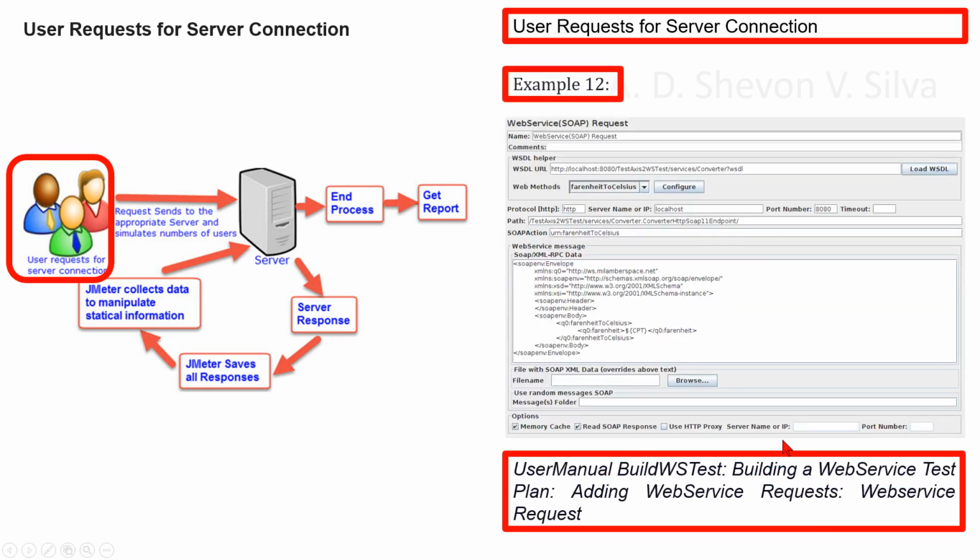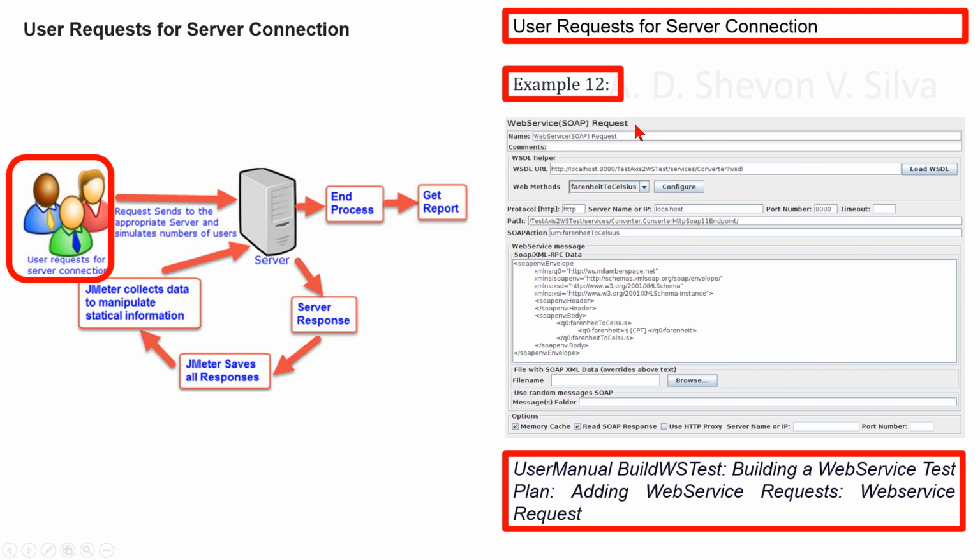Now we are considering adding a web service request in building a web service test plan in the user manual, building WS test. Here is the web service request. In our test plan we will use the .NET web service.